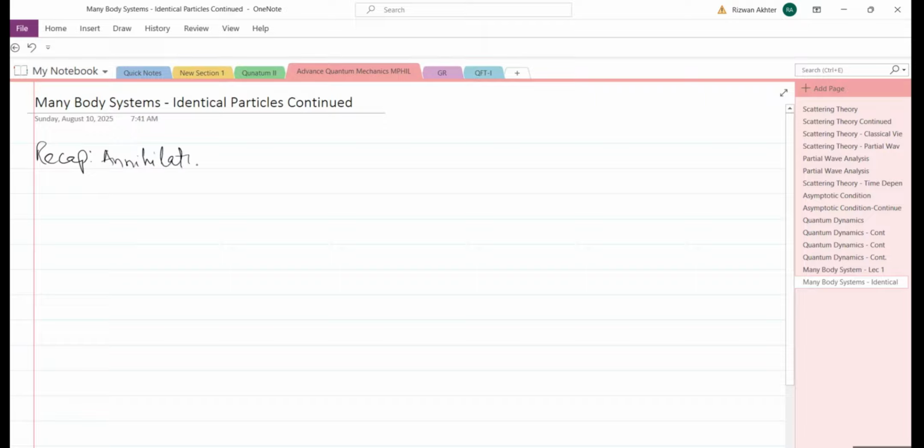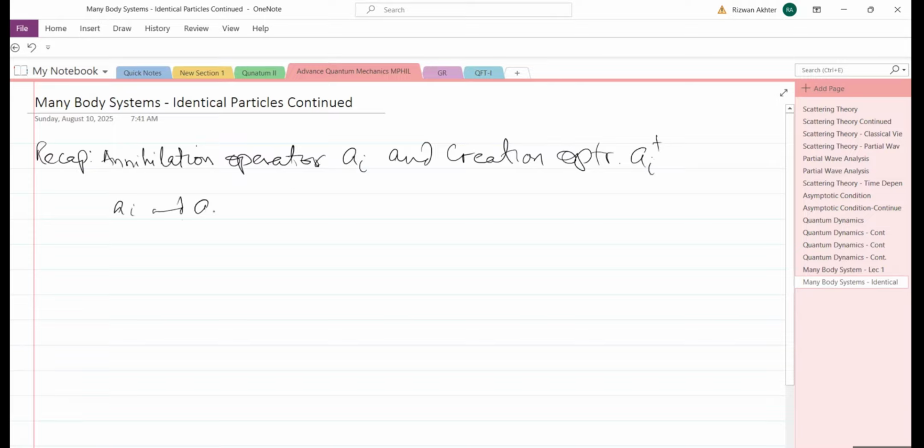The annihilation operator, which was a_i, and the creation operator, which is a_i dagger. a_i and a_i dagger are not Hermitian.